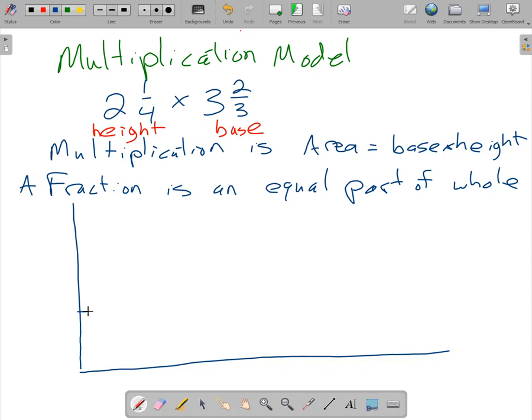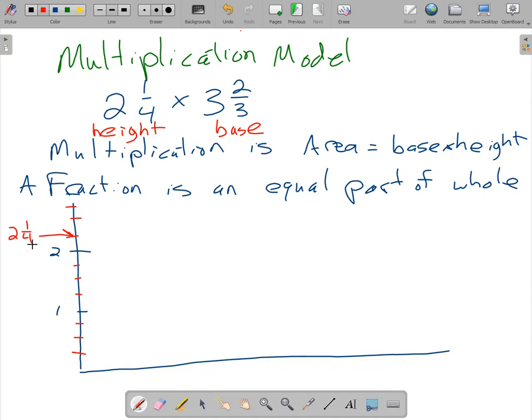So 2 is about there. 3 would be up here. 1, 2, and then I need quarters here. So halves, quarters, halves, quarters, halves, quarters. So that right there is my 2 1/4 for my height.